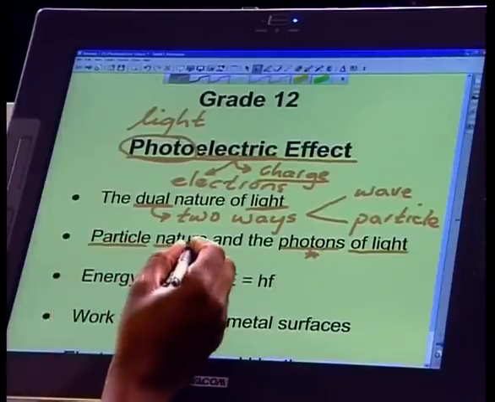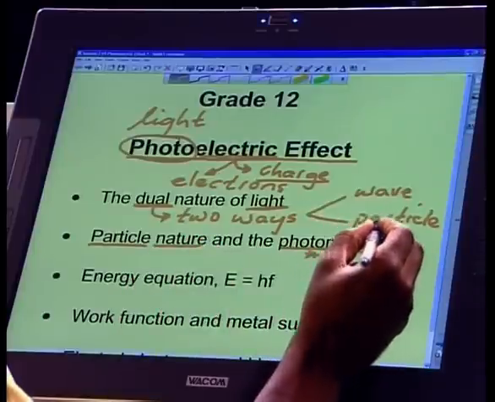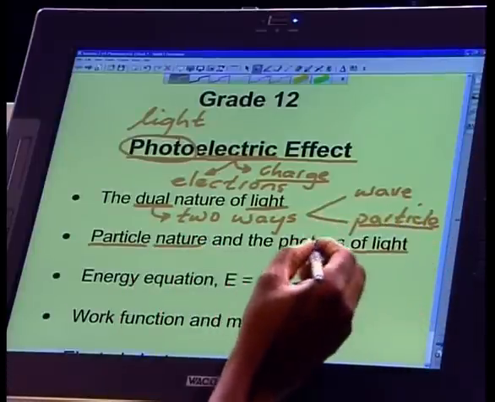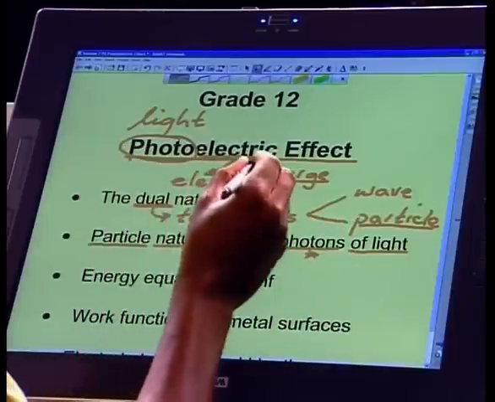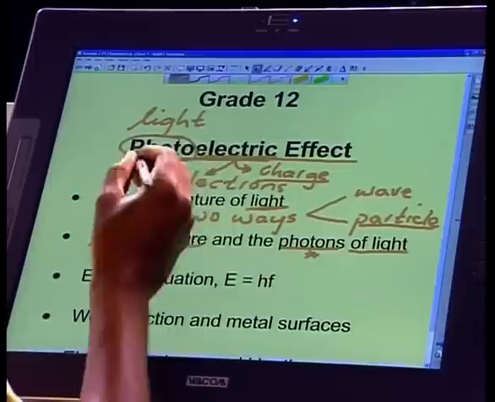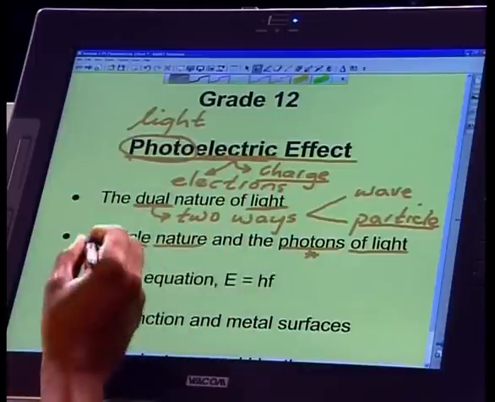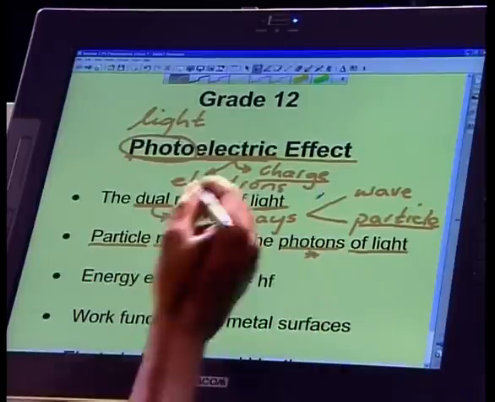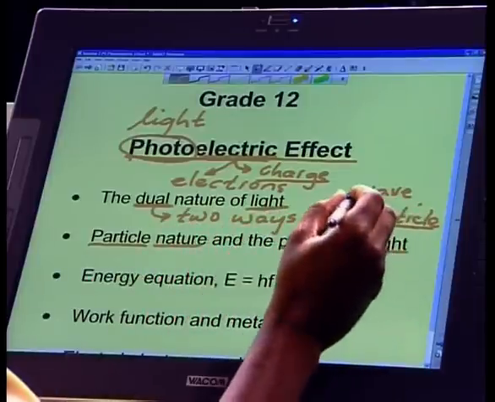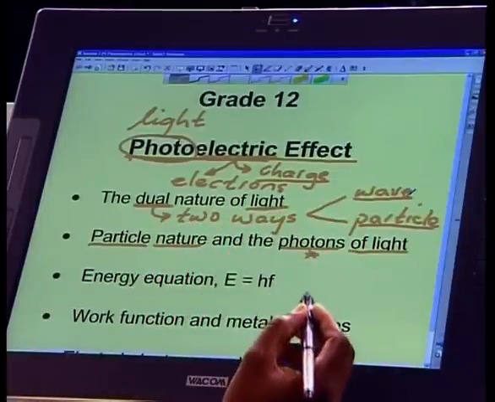So the particle nature of light, in other words, that part of light, is best explained when we look at photoelectric effect. This helps us to understand the particle nature of light. And I will, in the lesson, of course, refer to what kind of scientific phenomenon tells us about the wave nature of light.